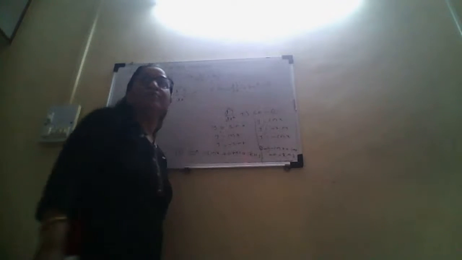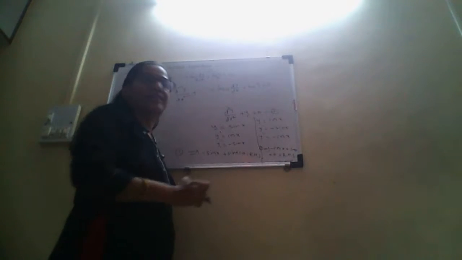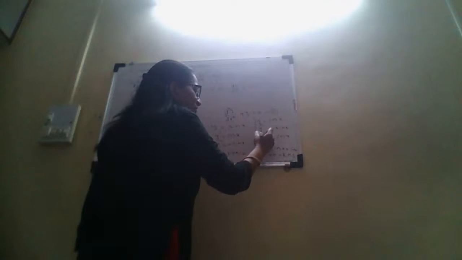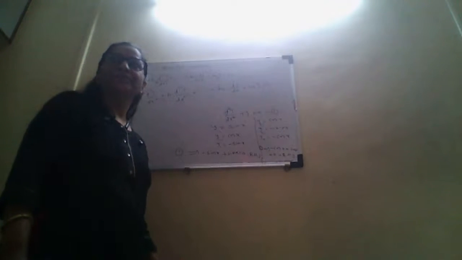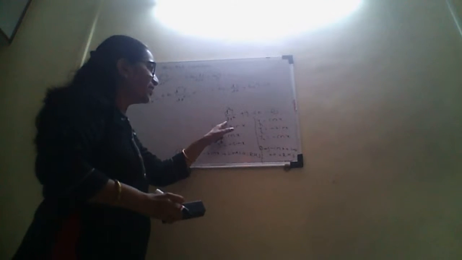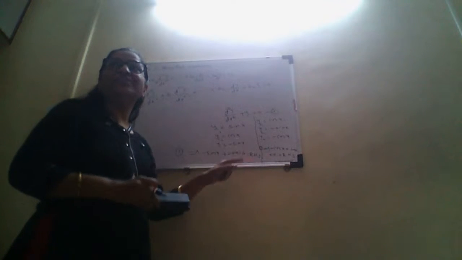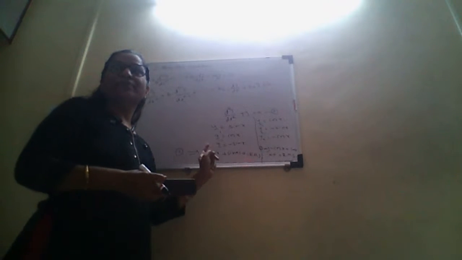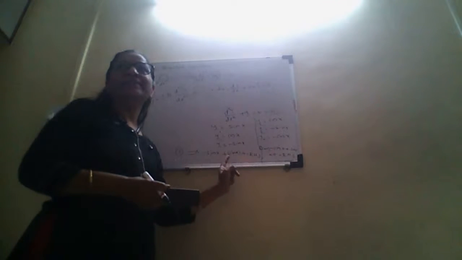So both are solutions of this differential equation. Call them y1 is equal to sin x and y2 is equal to cos x. So y1 and y2 are the solutions of this differential equation. So if the order of the differential equation is 2, then there are 2 solutions. In the generalized result, if the order of the differential equation is n, then there are at most n distinct solutions.